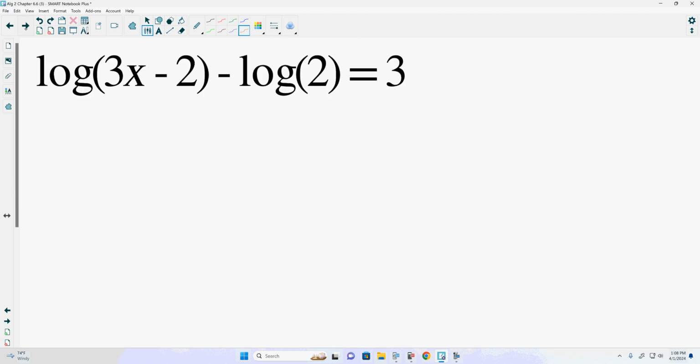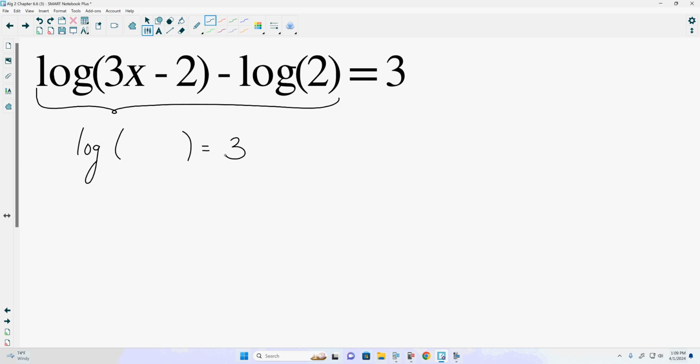We're going to skip one and look at this one, because I think for the most part we feel pretty comfortable with addition. The addition really didn't add much to this, just our first step, where we had to take the two logs being added to a single log with what's inside being multiplied. Now here, it's almost the same, but our two things inside the log are not going to be multiplied.